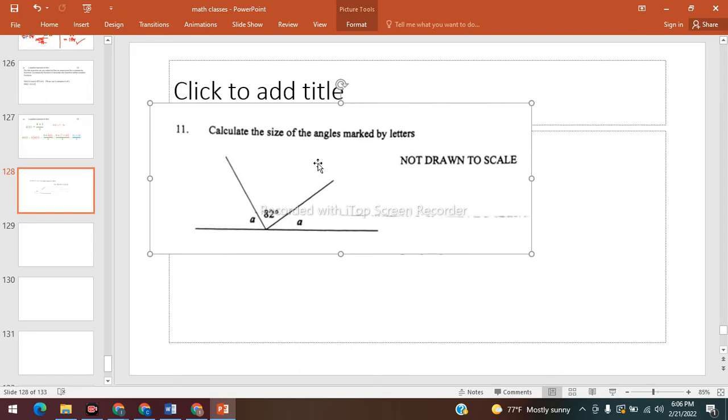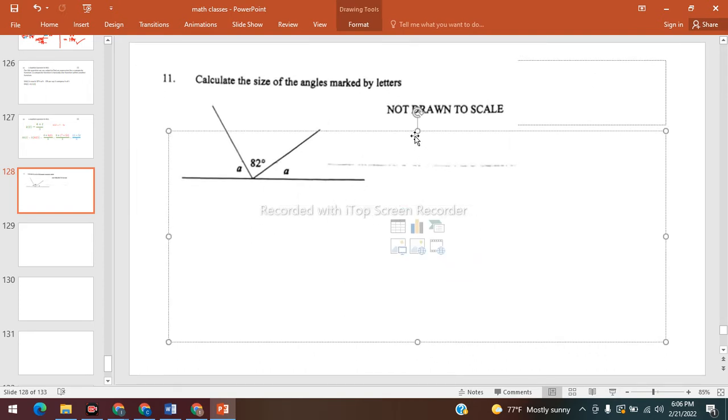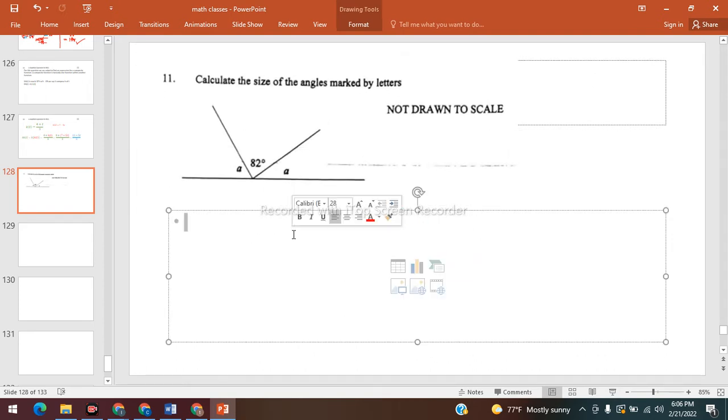Okay, so this is the question. The question says, calculate the size of angles marked by letters. As I have the question up, please write it down and draw the diagram as well.